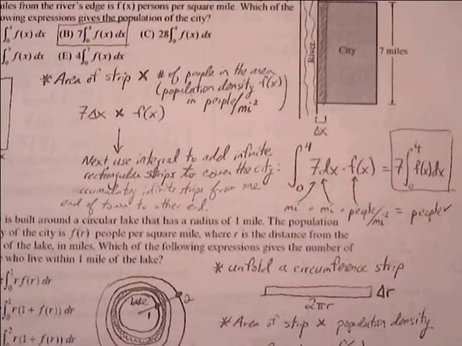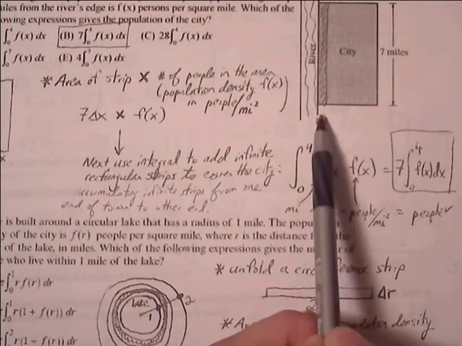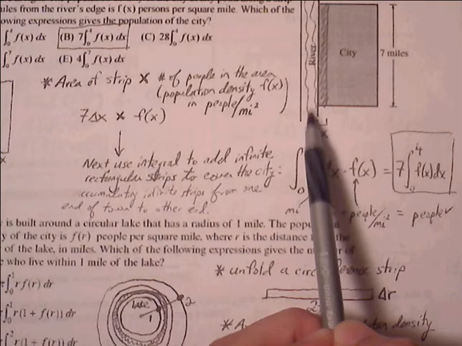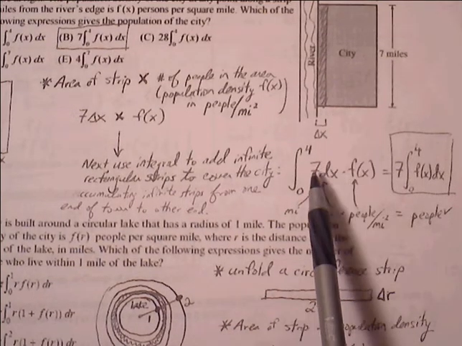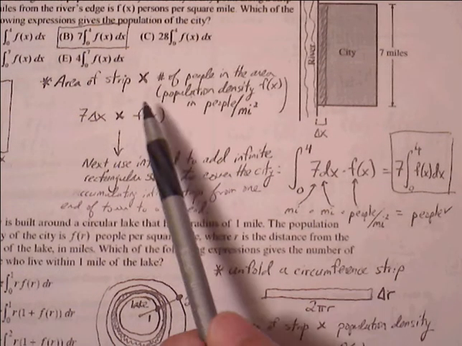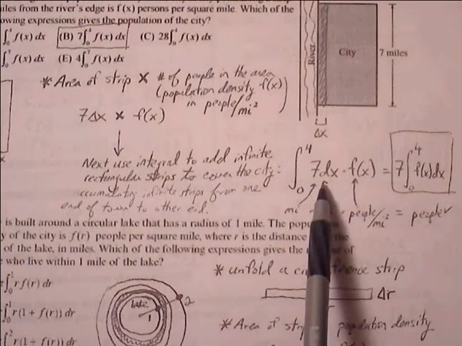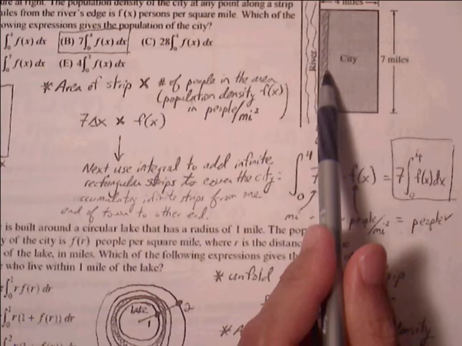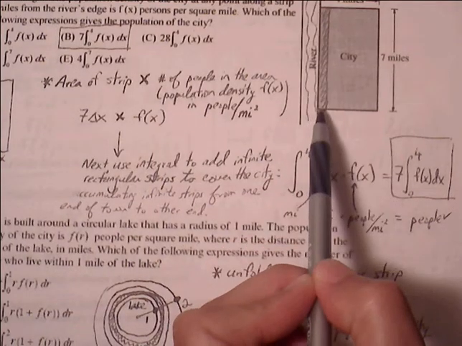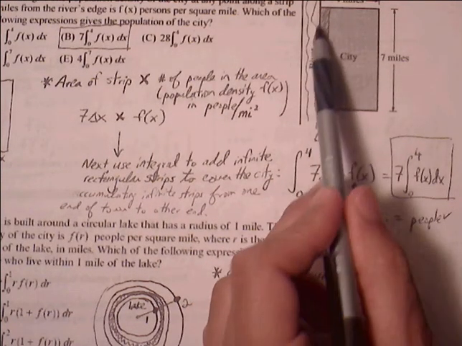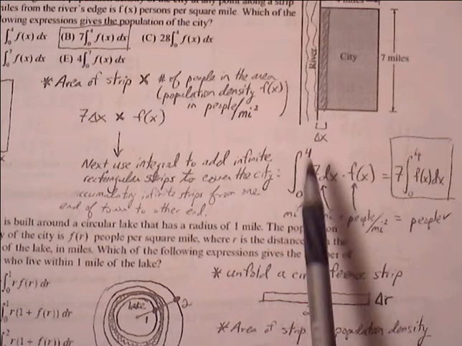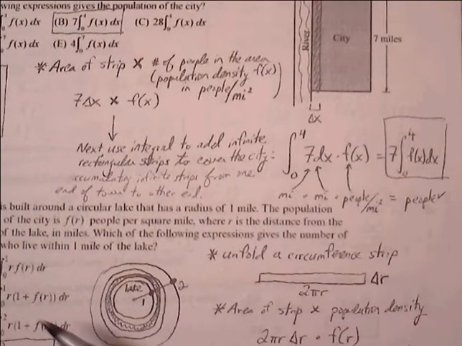Then we're accumulating the area of this strip, and this area strip is going to be 7 dx, where we convert delta x to dx, times f of x. So 7 dx gives us the area of the strip, and we multiply it by the population density, in people per square mile.